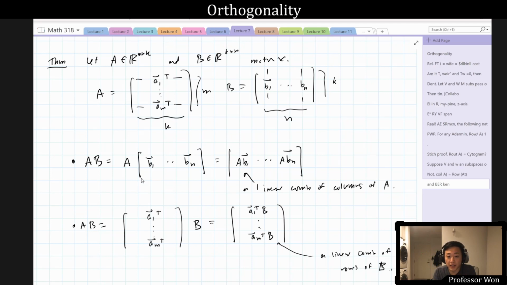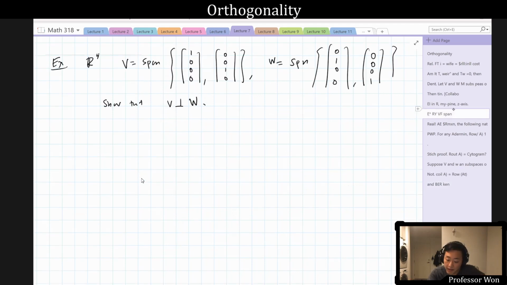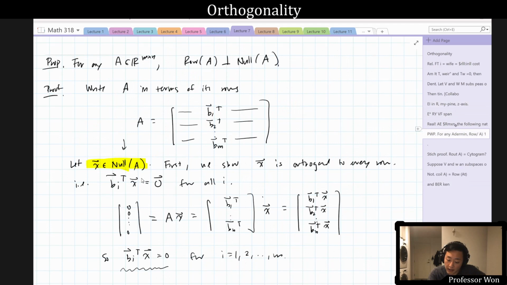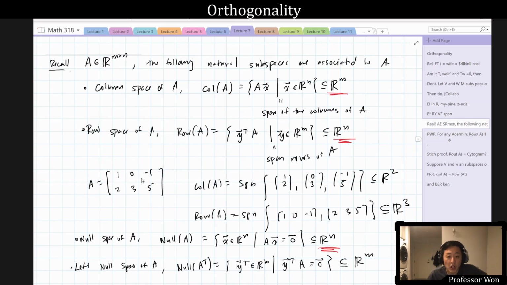And so what this is showing is that the rows and the columns here are sort of on equal footing if you switch sides. This is also why I like this definition of the row space and the column space. It really shows that the row space and the column space are the same thing, except one you're multiplying by every possible row vector on the left, one you're multiplying by every possible row vector on the right.